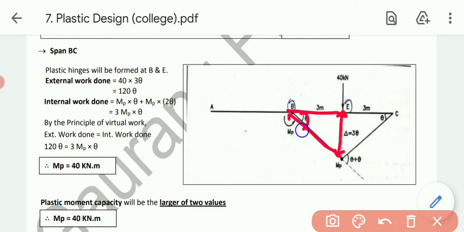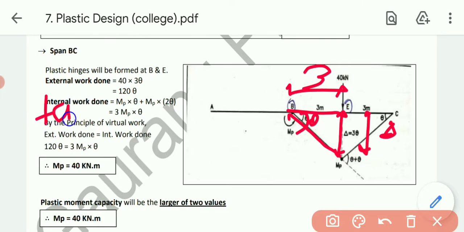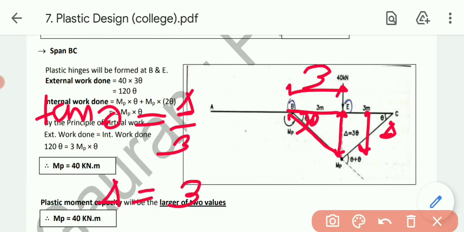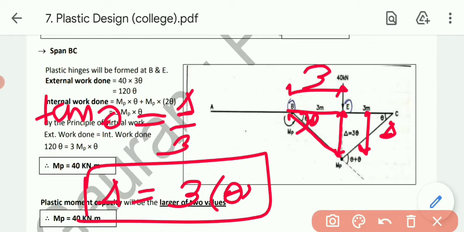We need to derive the value of deflection, that is this one. This one is deflection while this one is 3 meter. So tan theta equals deflection by 3, so deflection equals 3 into tan theta. Theta is very small, so deflection is 3 theta. So that's the value of deflection.